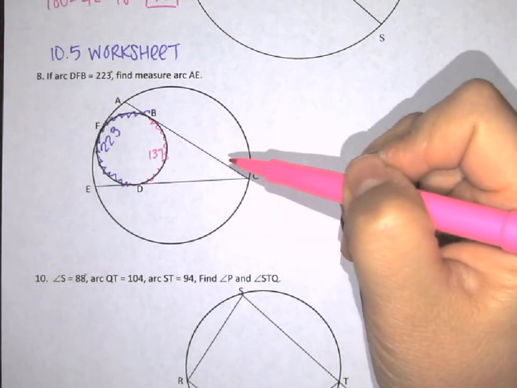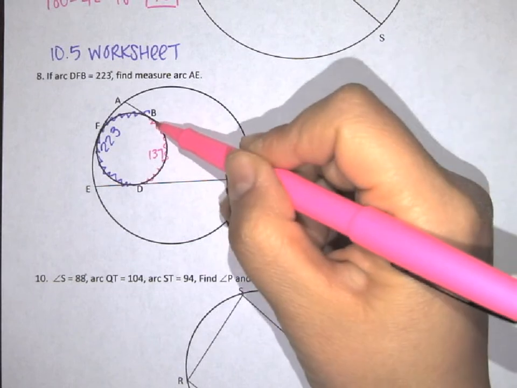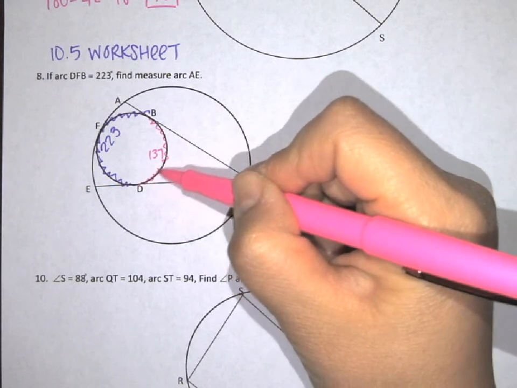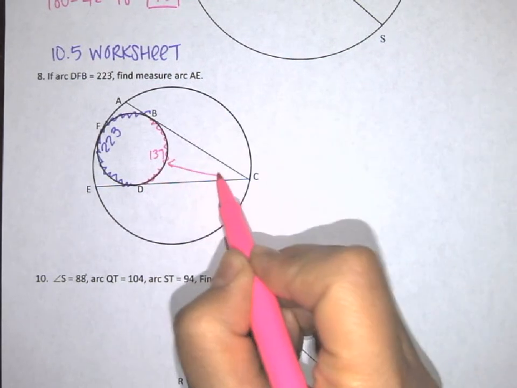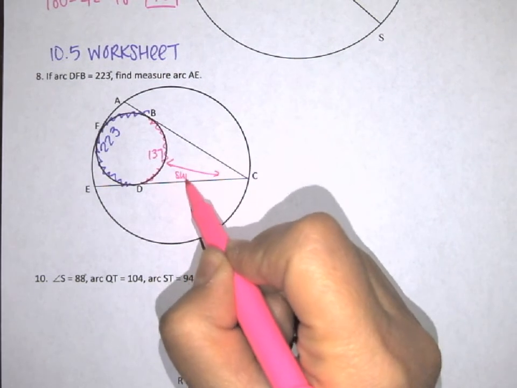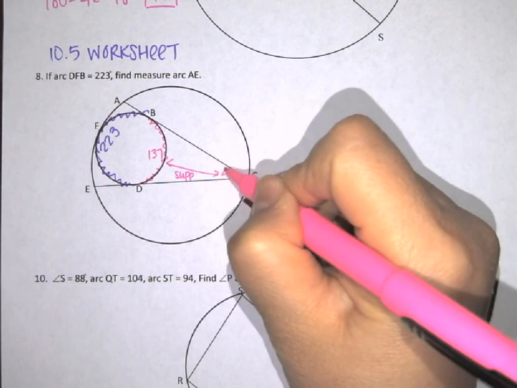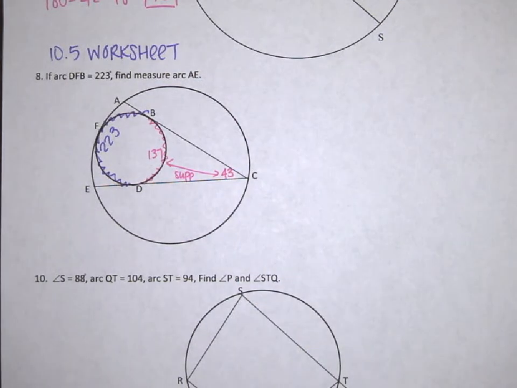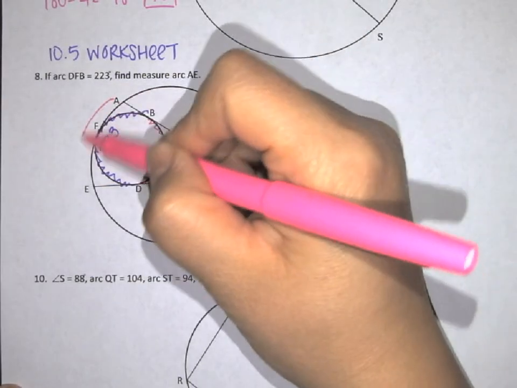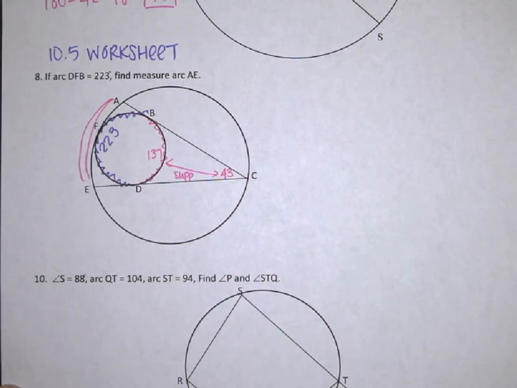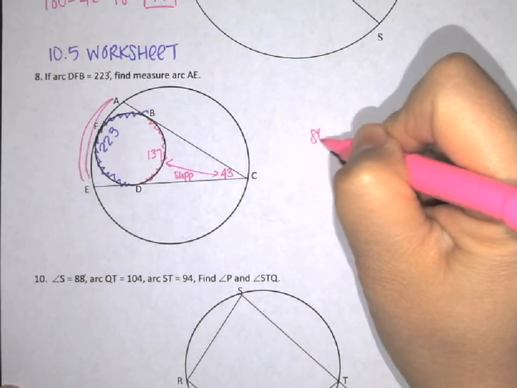There was a theorem that we learned last section that said that this arc and this angle here are supplementary. So that makes this 43. That angle is an on angle to the bigger circle. So an on angle is half the arc, half of this arc here. So that makes that arc 86.